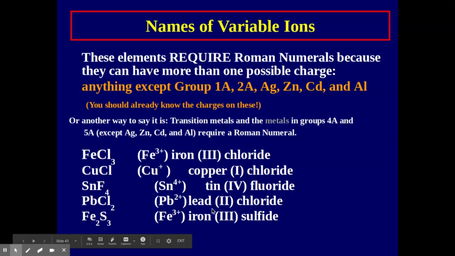So lead 2 chloride. Here's a tricky one. They both have numbers. You can do an uncrisscross. So the 2 goes with sulfur. Make sure that's correct. Is sulfide a -2? Sure is. So then this must be iron with a +3. Iron 3 sulfide.